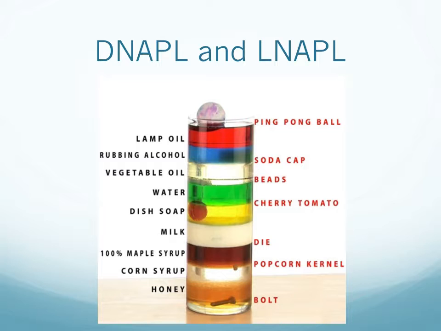DNAPLs, you can see like dish soap, and these are not contaminants, but chlorinated solvents are one of the biggest sources of DNAPLs that are denser than water.